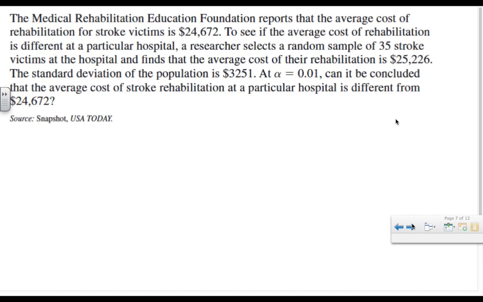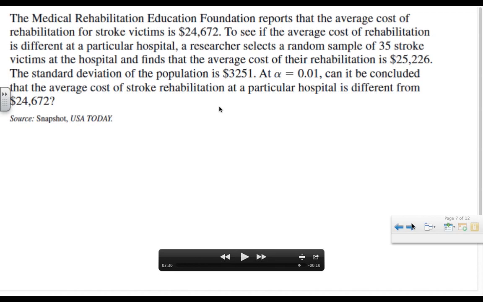Now, remember, he determined his hypotheses before he found his data. So he said, I just want to know if they're different. So he calculates that it's 25,226. The standard deviation is 3,251. At alpha equals 0.01, can it be concluded that the average cost of the stroke rehabilitation at a particular hospital is different than that? So go ahead and pause the video, see if you can calculate this on your own, and then continue.